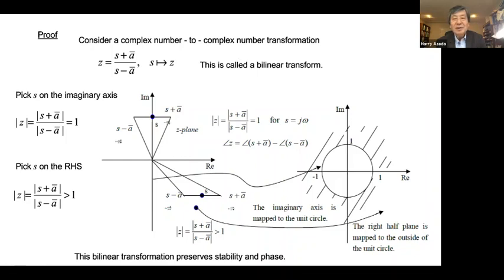This is a type of bilinear transformation from variable s to variable z. For a complex number s to a complex number z, the transformation is defined by this.